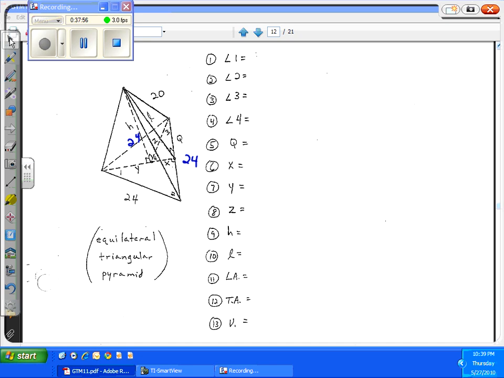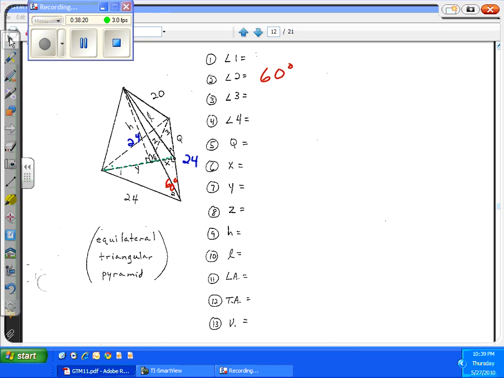If it's equilateral, all the sides are equal, which means it's also equiangular. If it's equiangular, then each angle is 60. So angle 2 is 60 degrees. Each angle of that triangular base is 60.